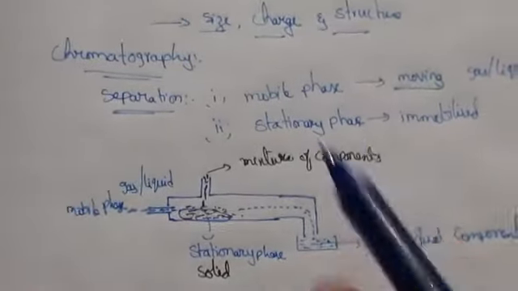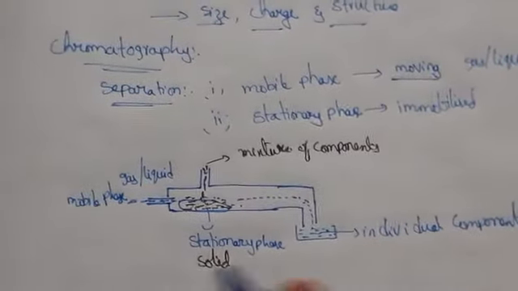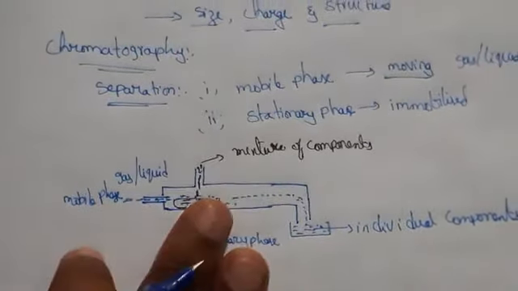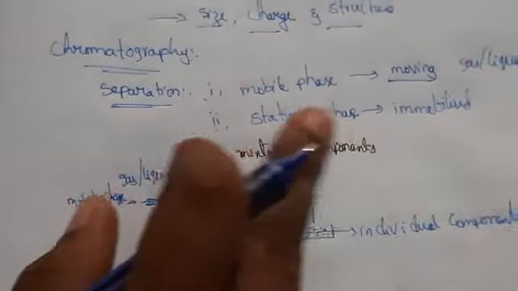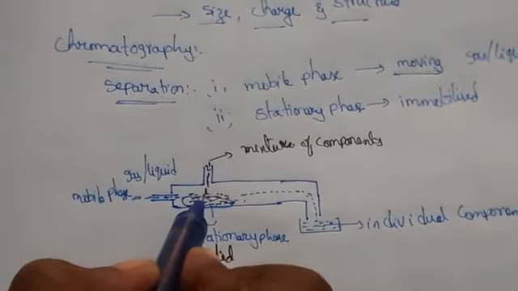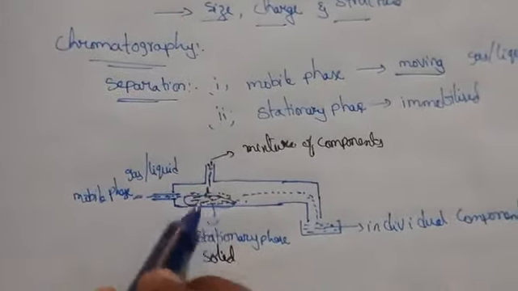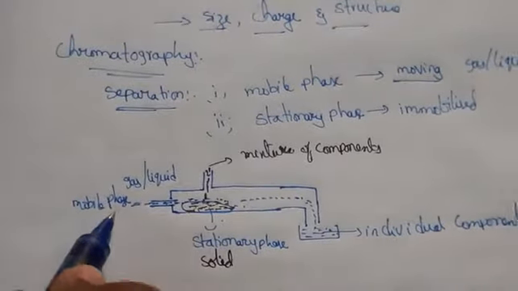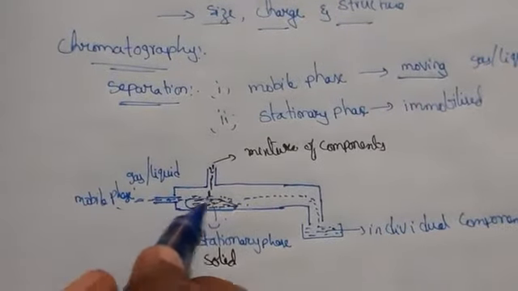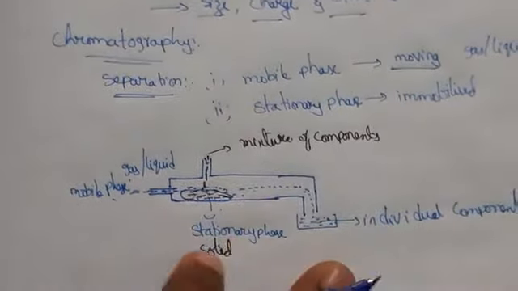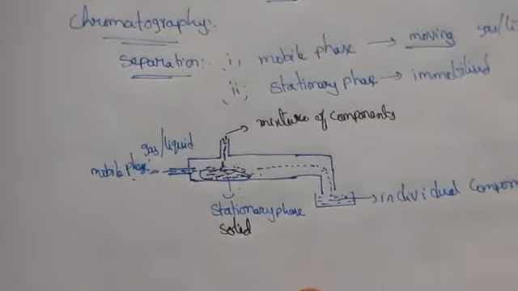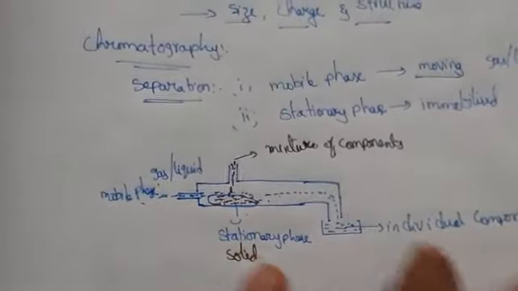Stationary phase is immobilized; in a tube I have taken a solid in an immobilized phase and added the mixture of components to it. The mobile phase, liquid or gas, moves through the stationary phase to separate the individual components. This is nothing but separation.